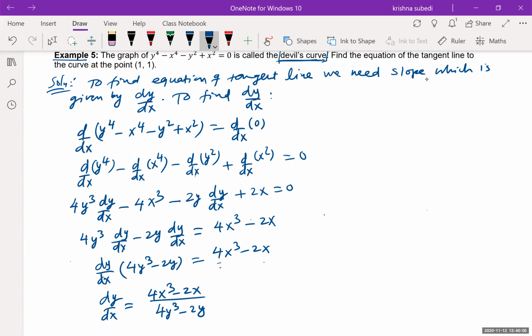Or if you want to simplify it, you're going to get 2x cubed minus x over 2y cubed minus y.